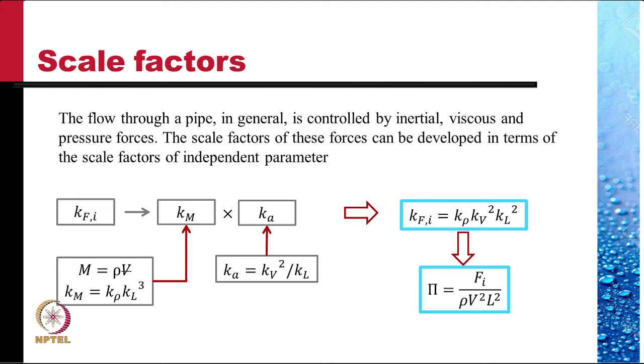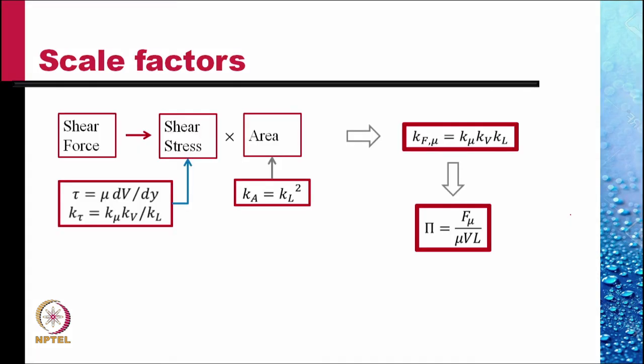And from this we get a pi number: F inertial force divided by rho v square L square. Similarly, we develop the pi number for the viscous force, obtained as F mu, the viscous force, divided by mu v L, the same pi number that we obtained in the last class.